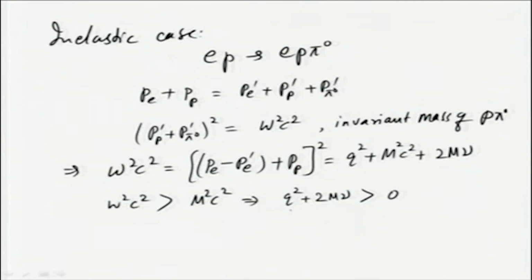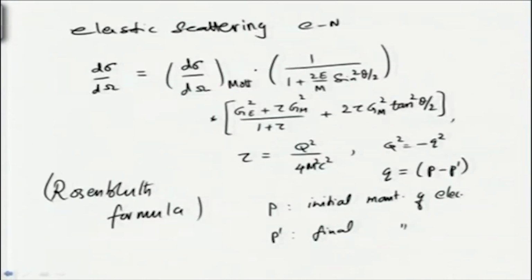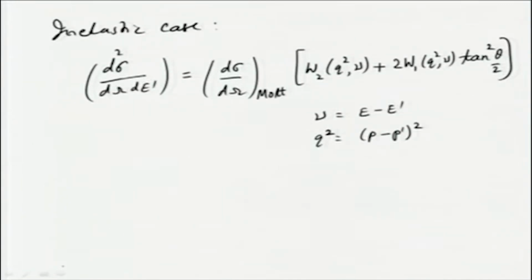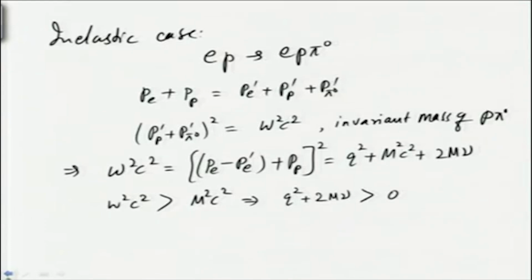So, this is why in the expression for differential cross section in the case of inelastic scattering, the form factors or the structure functions as they are called are functions of two variables, q square and nu, unlike in the case of elastic scattering, where it is only a function of q square and nu is not independent of q square there.